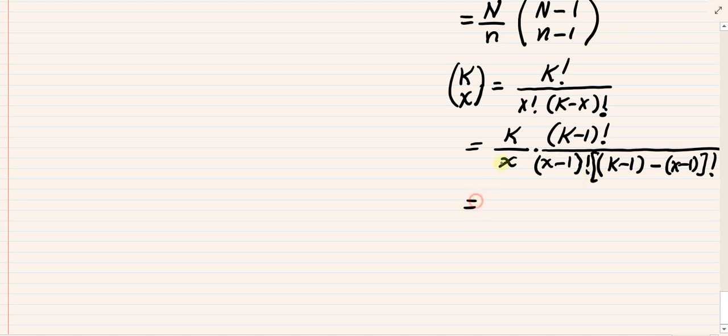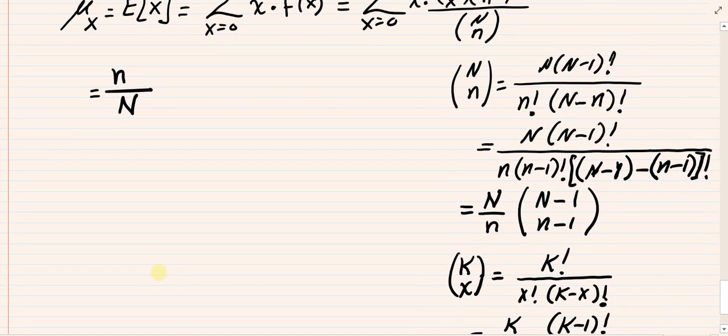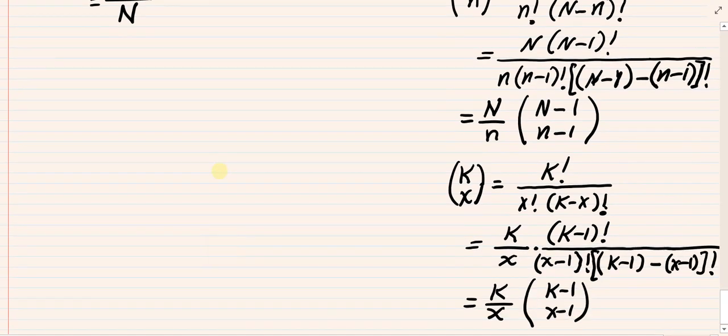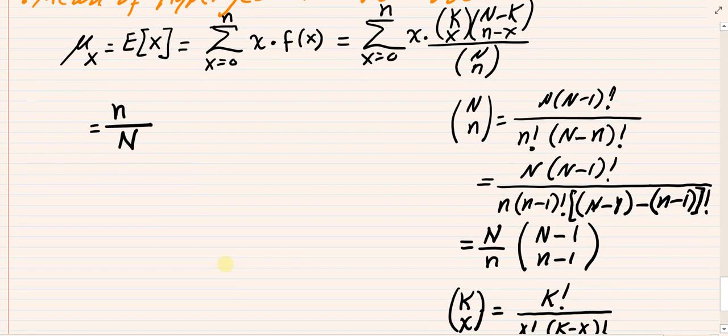And this way I can bring the k over x out, and what's left over is going to be actually k minus 1 choose x minus 1. Okay, so that means I'm able to bring k in front.